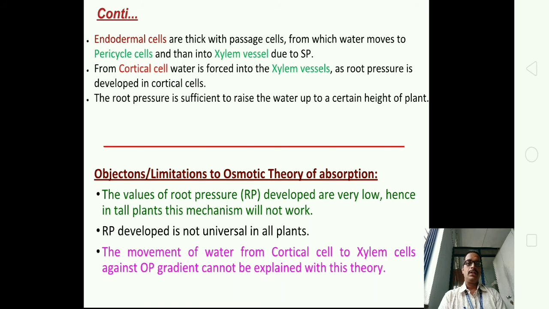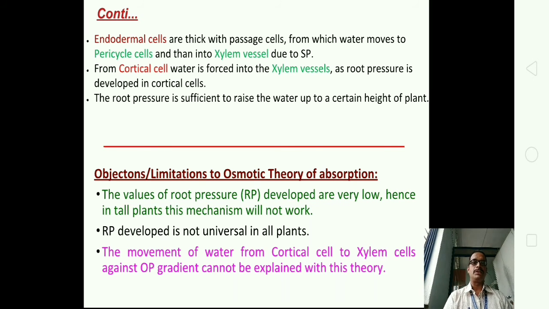The first one is that the values of root pressure, as we discussed now, are very low. Hence, in tall plants the mechanism will not work. The root pressure developed is not universal in all plants. Also, the movement of water from the cortical cells to the xylem cells against osmotic potential gradients cannot be explained with this theory.